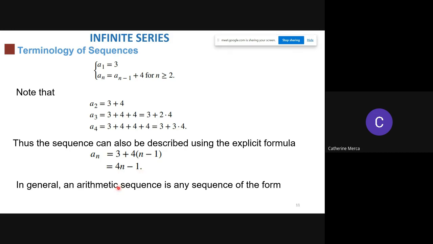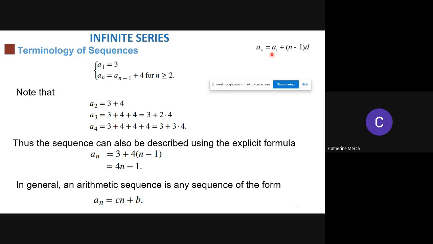So in general, the arithmetic sequence is any sequence of this form: a sub n is equal to cn plus b. We make use of this: as long as a sub 1 is given, and you know what the difference is, then you can compute for a sub n.